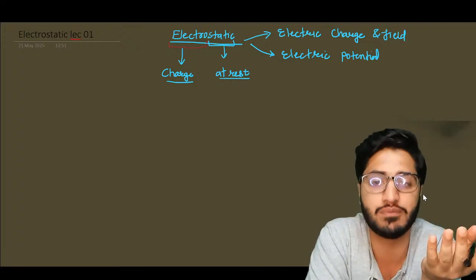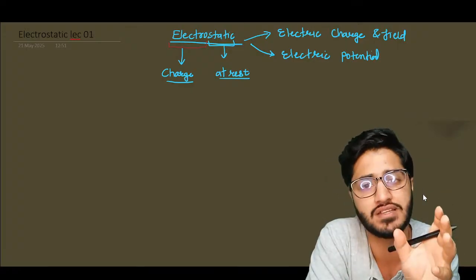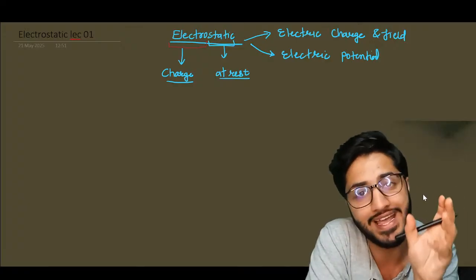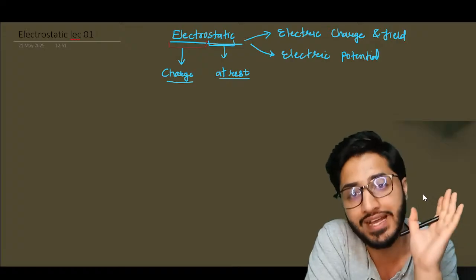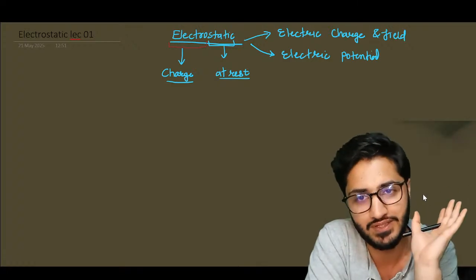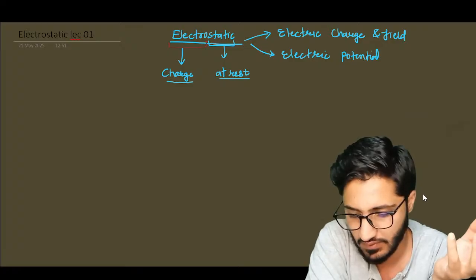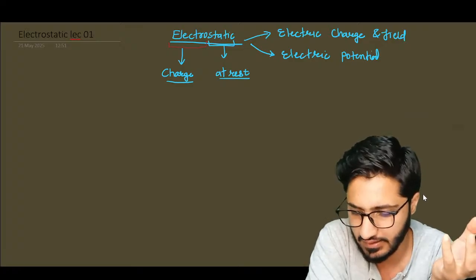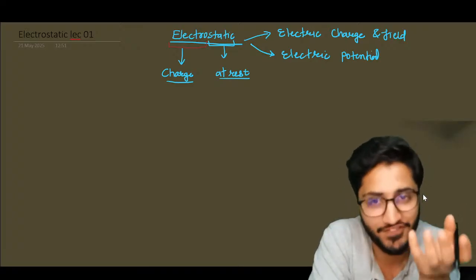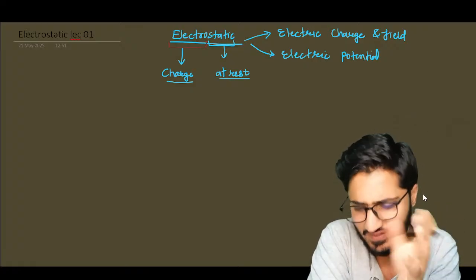Charge could be in motion also, but here we are only discussing charge and the phenomena associated with it at rest. Done, no? Simple. So electrostatic is that branch of physics which deals with charge at rest only. Simple definition.